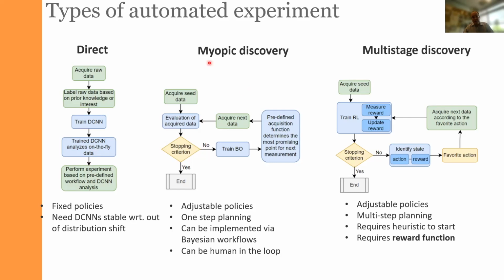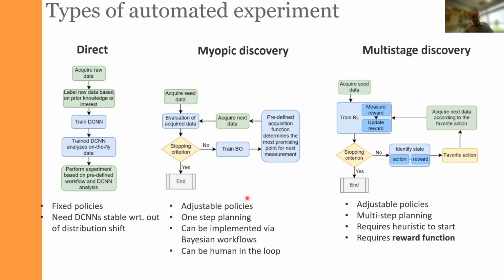So Bayesian optimization is an example of myopic discovery. In this case, we acquire some seed data, evaluate it, decide whether we have to proceed with the experiment or not, train the Bayesian optimization model, then plug the results into the predefined acquisition function, acquire the next data set, and continue doing this.